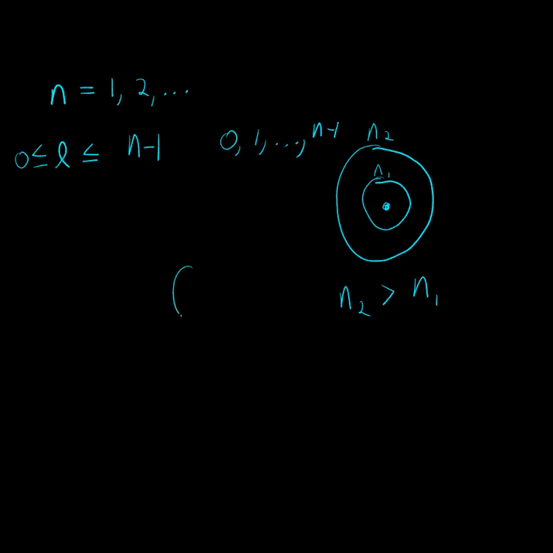So if you have a spherical orbital, that would be L equals 0. So what are some other shapes? Let's see here. We have the L equals 0 case, which gives us a sphere, and we call that the s orbital.